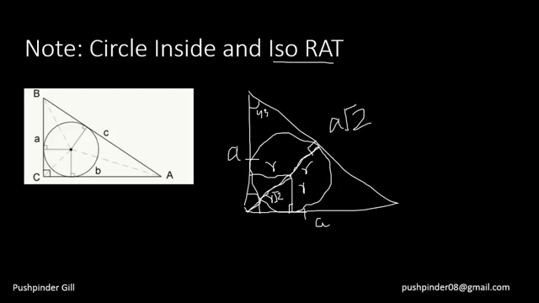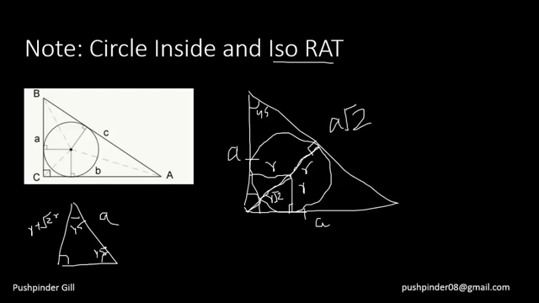Now I'm gonna draw this triangle once again. It goes like this. If you see, this is the 90 degrees and the perpendicular is R plus root 2R, and the hypotenuse is A. Now I can very well get the relationship because this is again an isosceles right angle triangle.